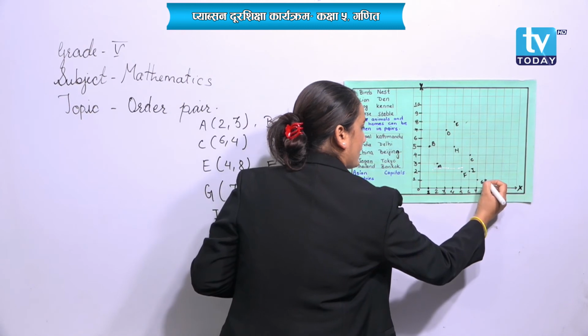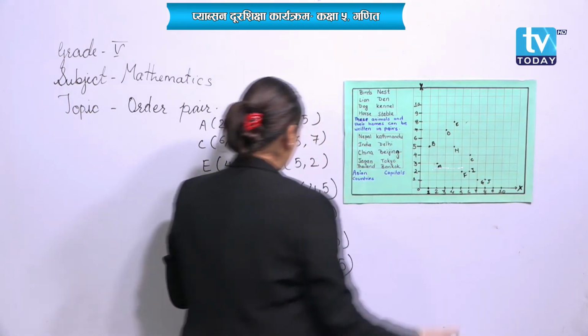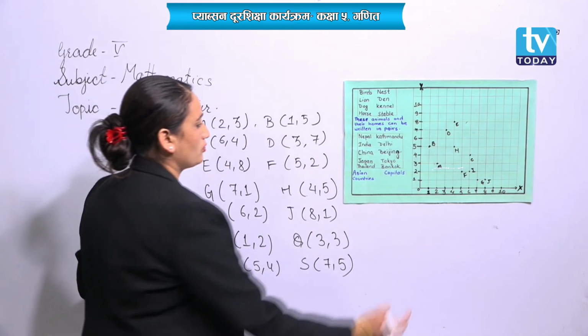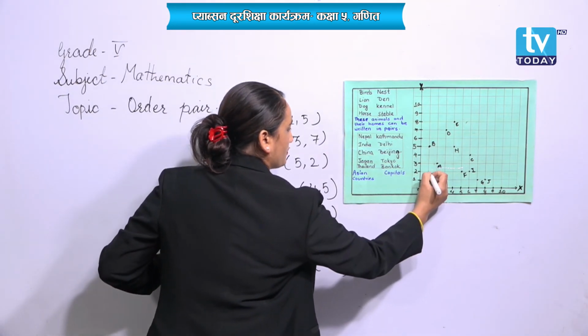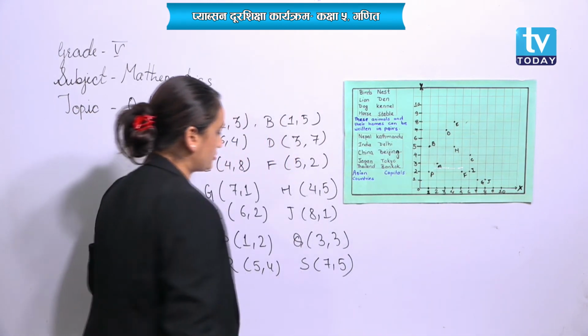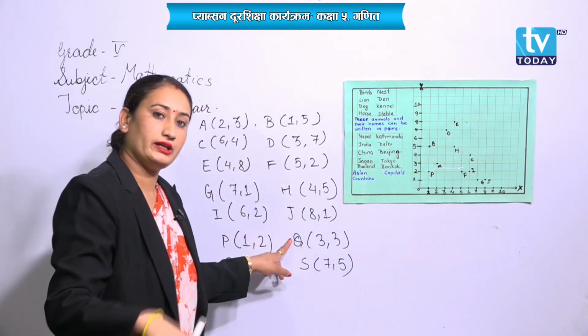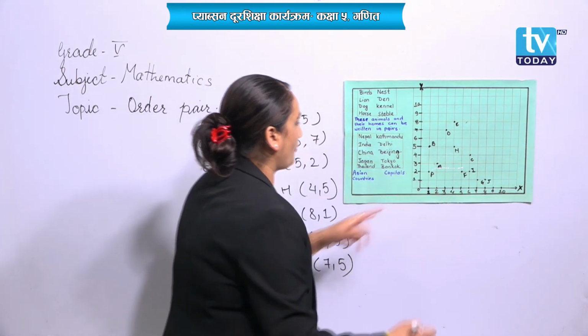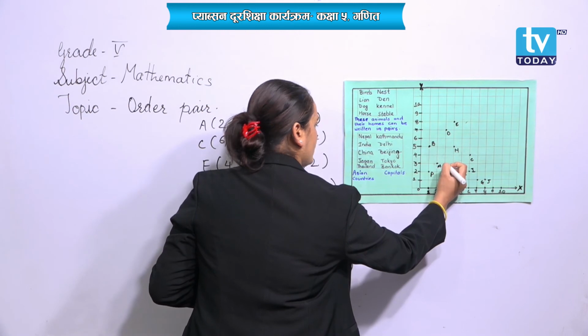(8, 1). J. Then it's time for P. (1, 2). 1. Plot the point 2. It's P. Then after, Q, (3, 3). Go first of all to 3 on the side and have a look at the upper part, that is here (3, 3).